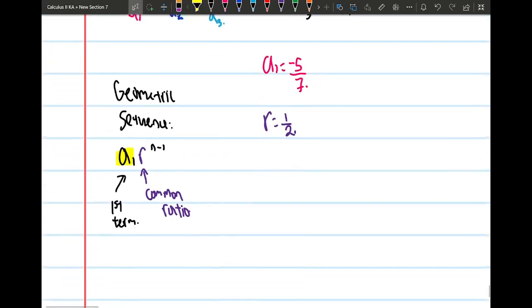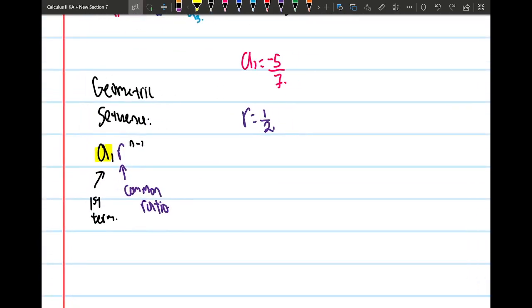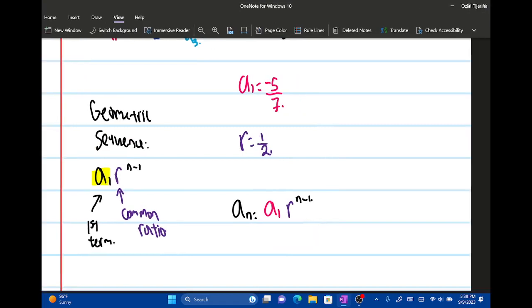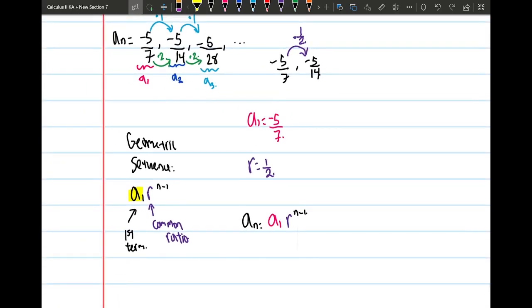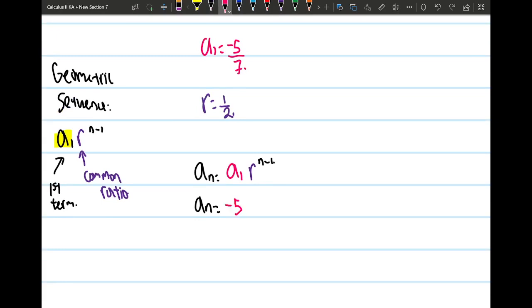Now we need to define our formula. a sub 1 is our first term, so we fill in our properties. a sub n equals the first term, negative 5/7, times r, which was 1/2, raised to the n minus 1.